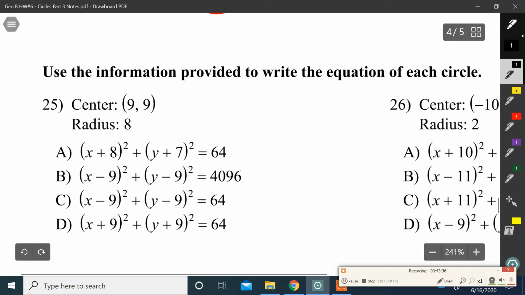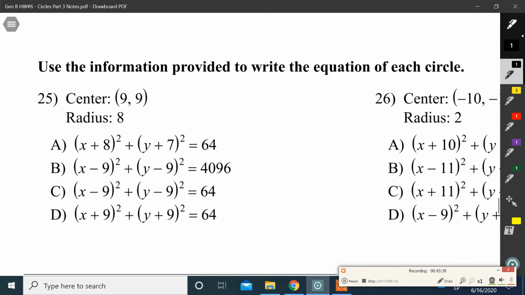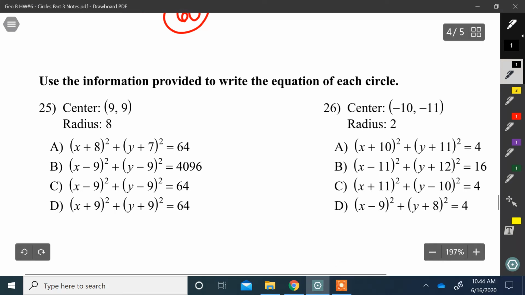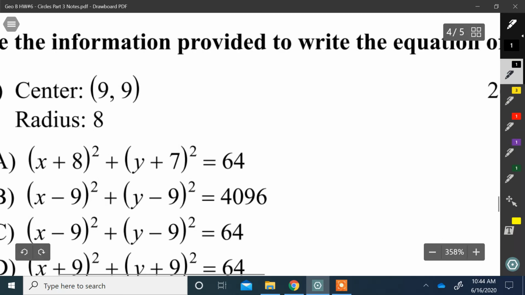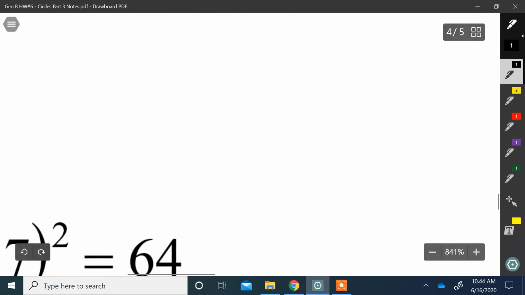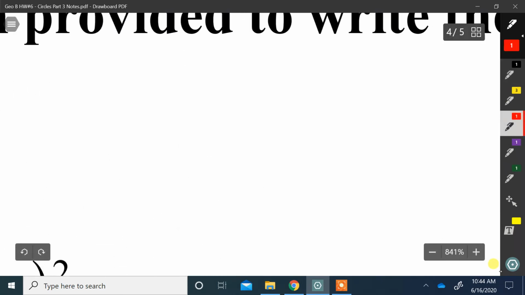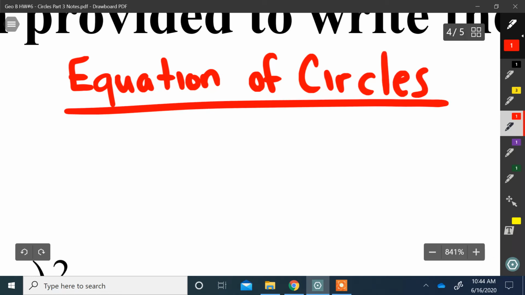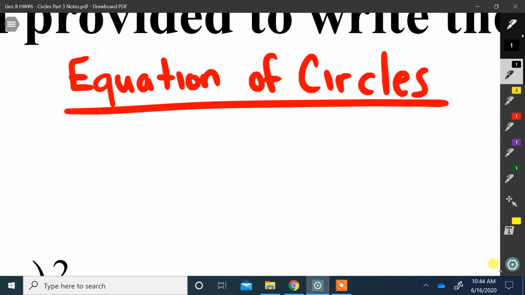All right, let's move on to something very different. It says here, use the information provided to write the equation of a circle. Well, we're going to use a formula that we need. So I'm going to write it down in here for you. So the equation of a circle. And if you look this up on Google, you can find this very easily. The equation of a circle looks like this.